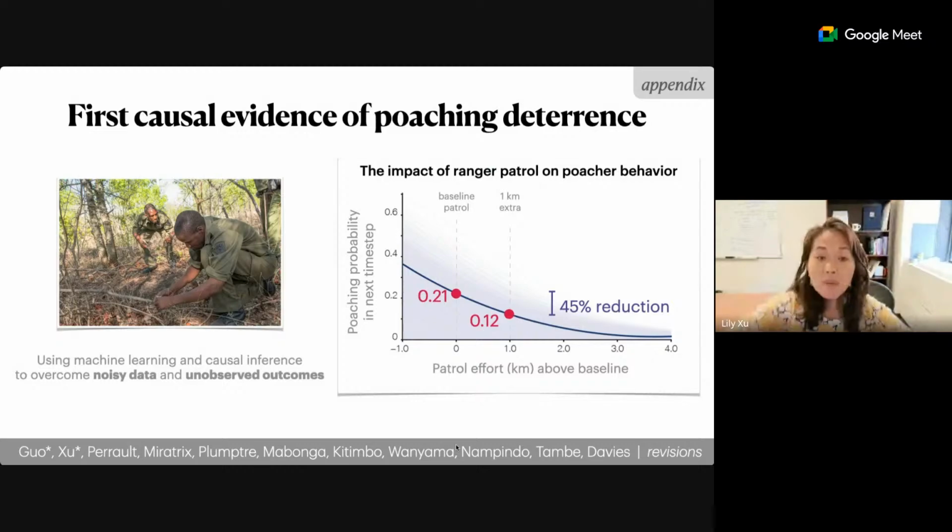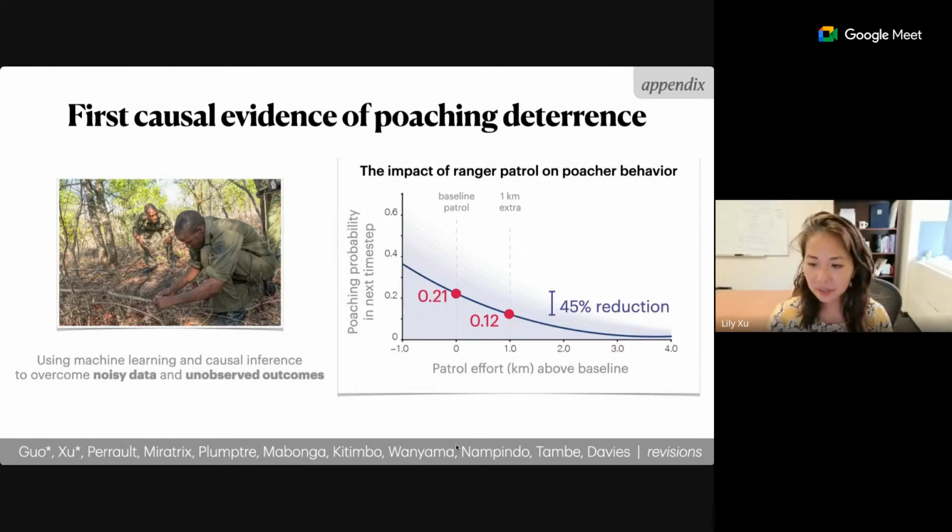So it served as a shock to the system. After the field test ends, we can see how poaching behavior changes between the areas that were part of the field test and patrolled more, versus areas that were not in the field test and patrolled less. And overall, the effect estimation that we're able to get is for a typical site in the park that has about 21% probability of being poached.